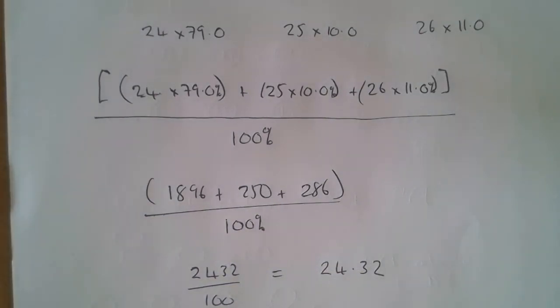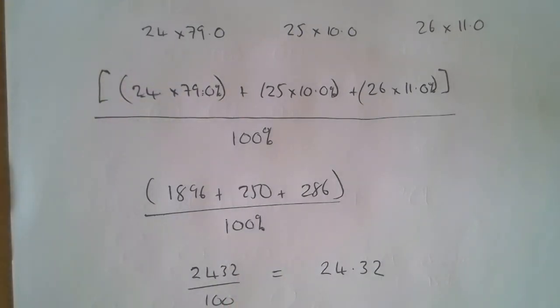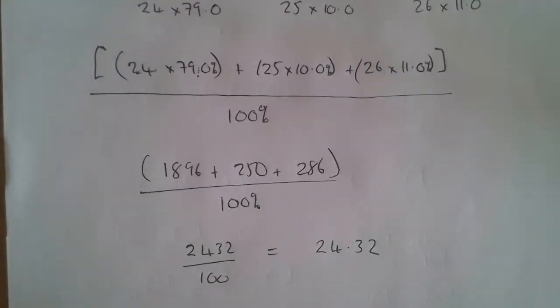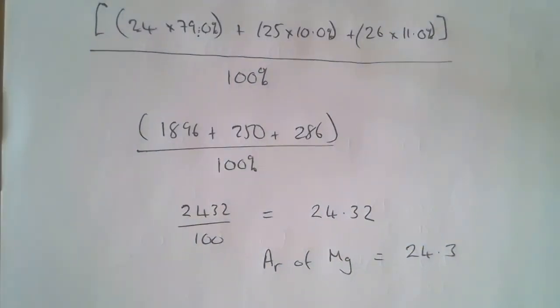We need to think about how many significant figures we're going to give our answer to. In each case up here, we had a decimal place and a 0 after it. So we're going to quote our answer to 3 significant figures, which means the A r of magnesium is equal to 24.3. Thank you very much.